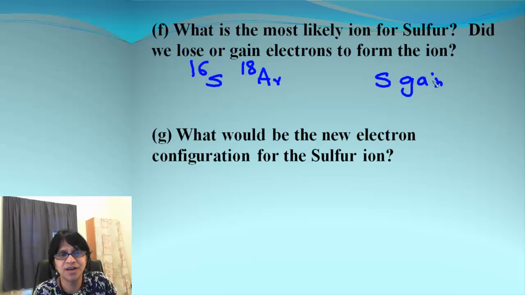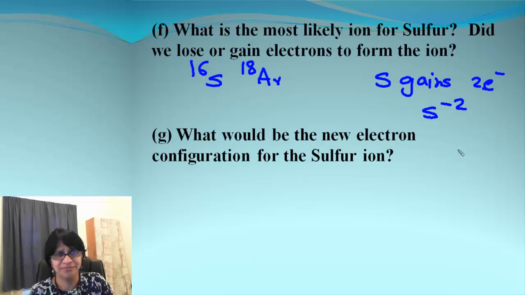So what happens when sulfur gains 2 electrons? It ends up having a negative charge, and that turns into S minus 2. Remember, every atom strives to become a noble gas. Who doesn't like a royal life, right? We all want to have a royal life. So if sulfur can gain 2 electrons, it's going to become royal like argon.